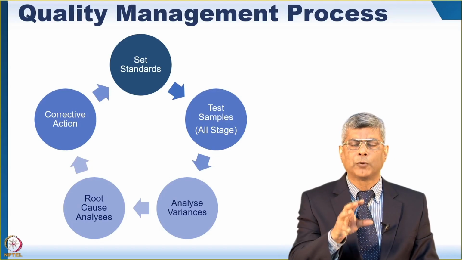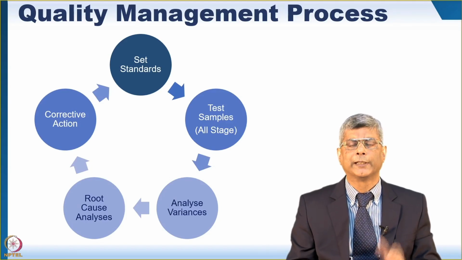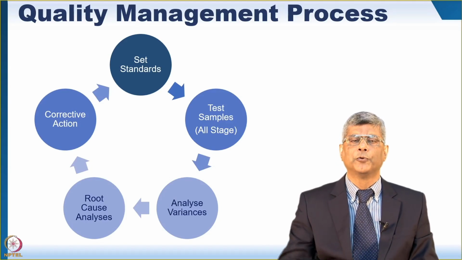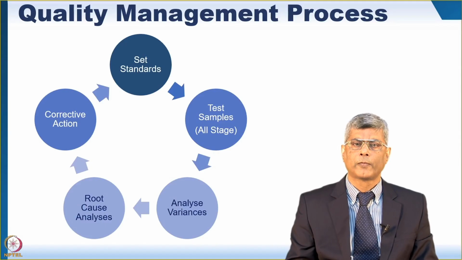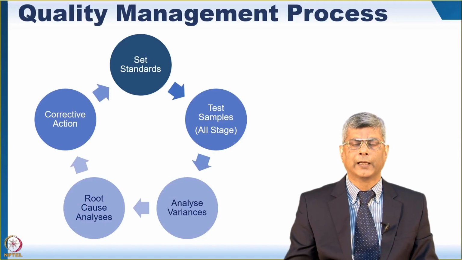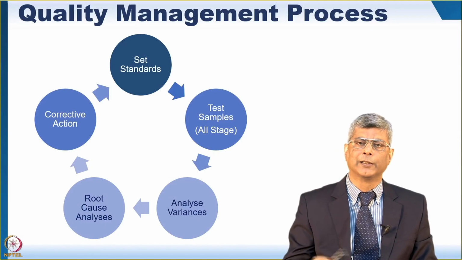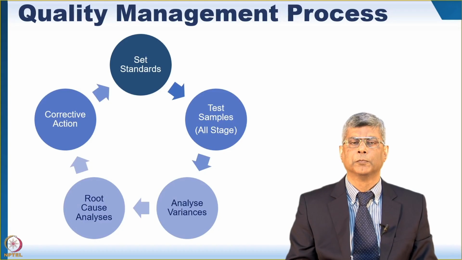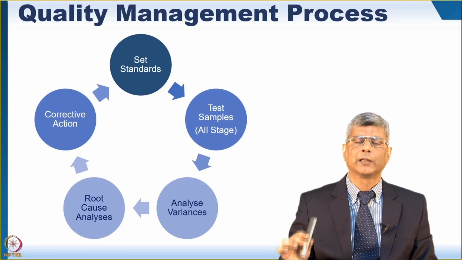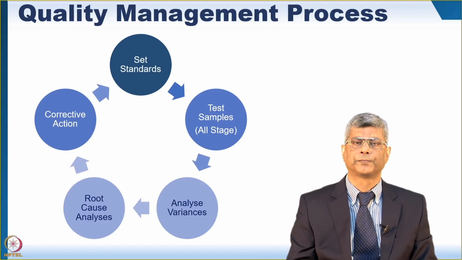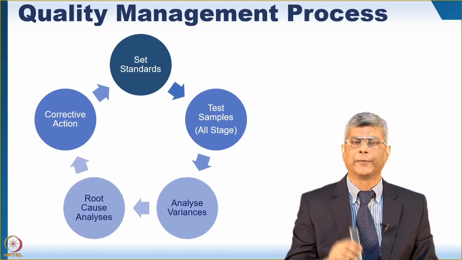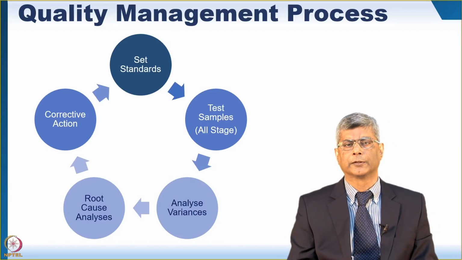So there is a set quality management process, which at a high level looks like this. You first set the standards. And I'll show you later on, some of the standards are required by the government. But you set the standards and say, my product will work like this, with this kind of failure rates, this kind of tolerances, etc.